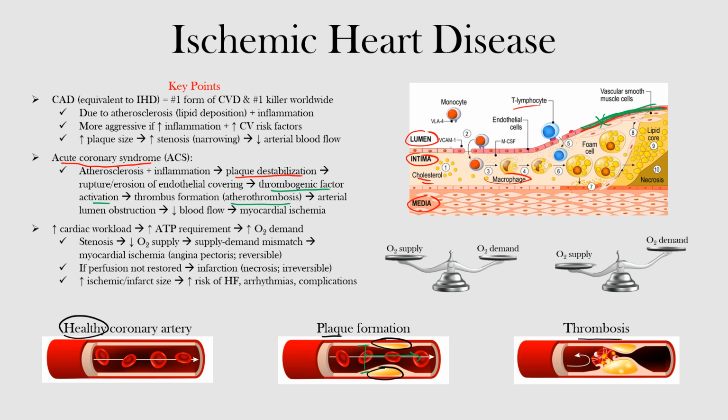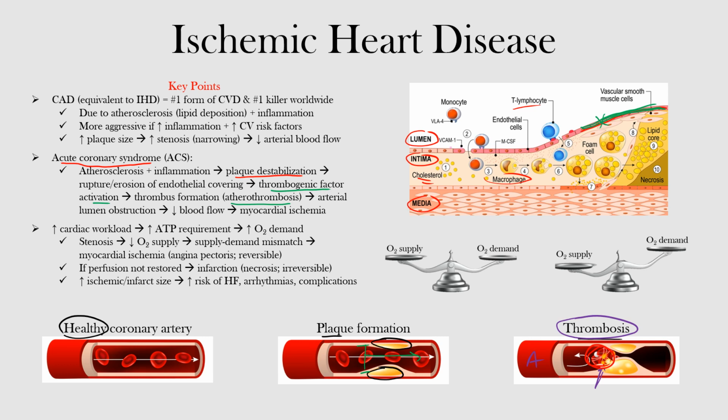You can see down here, here's our thrombosis forming, we have rupture of that layer, we have these activated thrombogenic factors, and because of that we can have a thrombus that forms. Notice that this is our artery, and notice we have our thrombus forming within it, and because of that it's now obstructing blood flow.